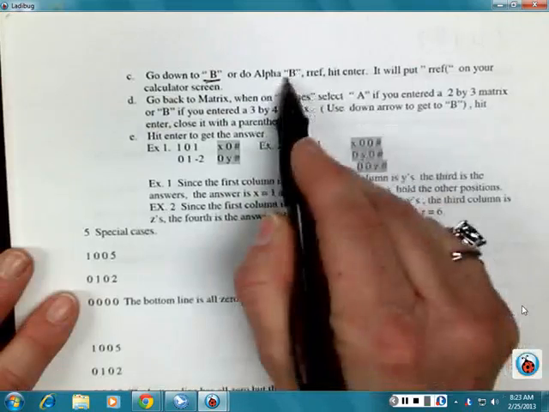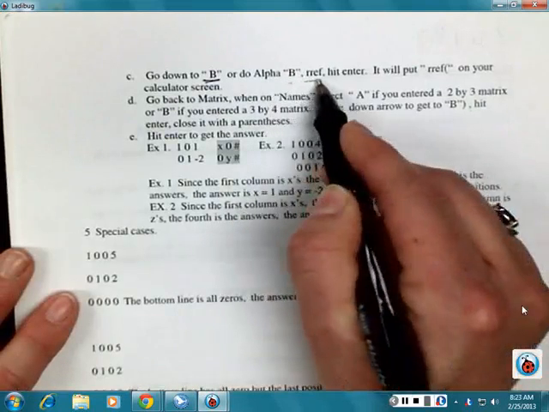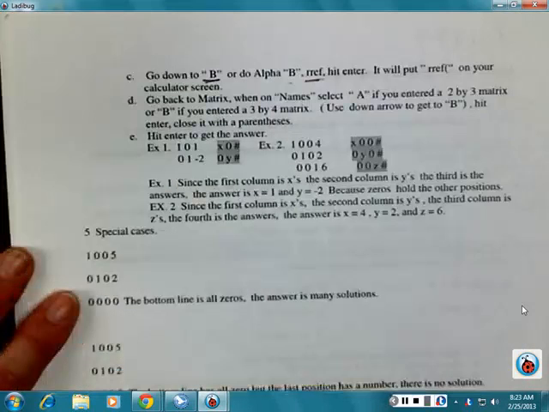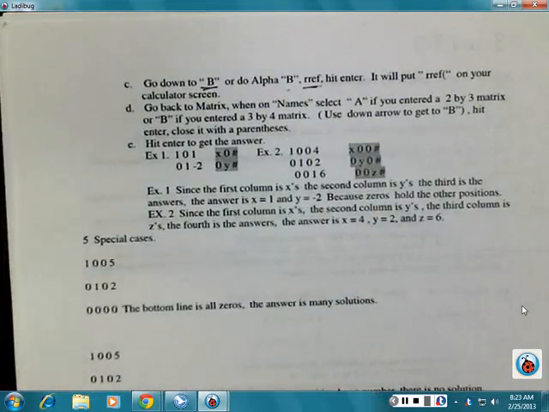And what you're going to find is when you get to B, you're going to have R, R, E, F. Yeah, I don't have B either. Sure? You have to go to math.